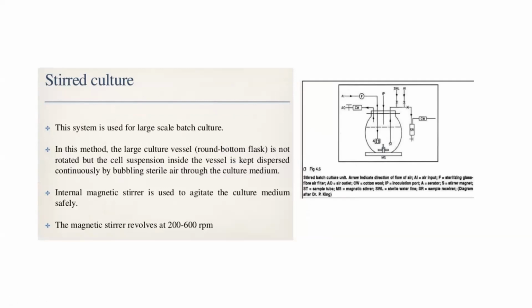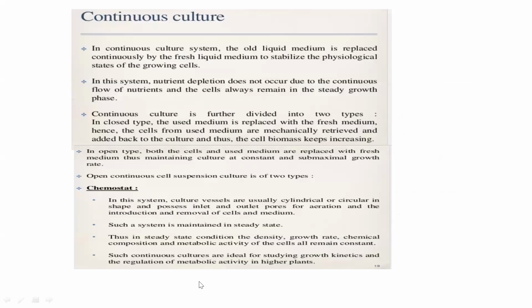You have an automatized magnetic stirrer, and you can bubble in sterile air continuously, and make use of this stirrer to agitate the medium. In this case, RPM is also higher, 200 to 600 RPM. Everything depends on what the explant is and what kind of drug is to be produced. You can make use of any such modifications.